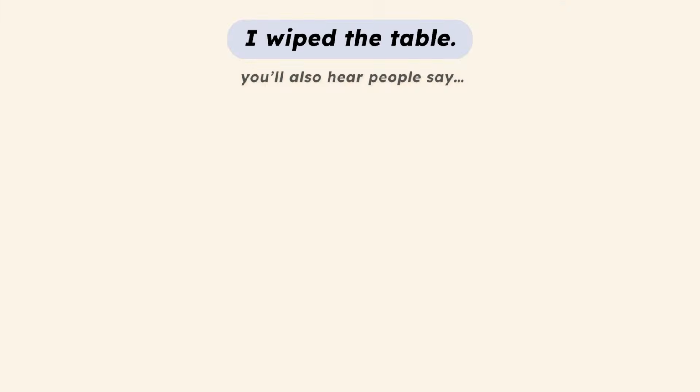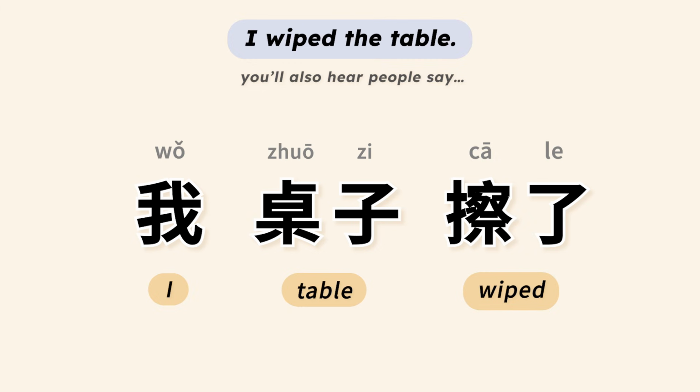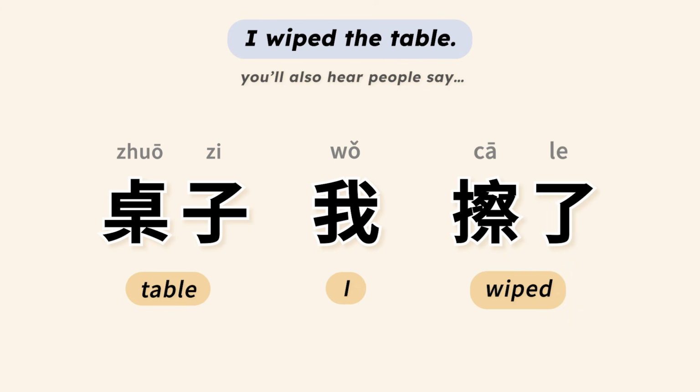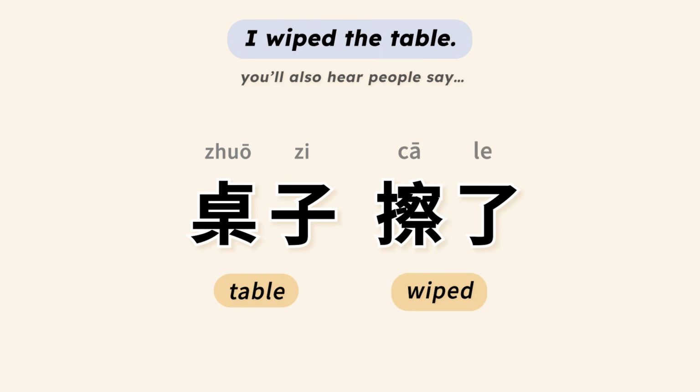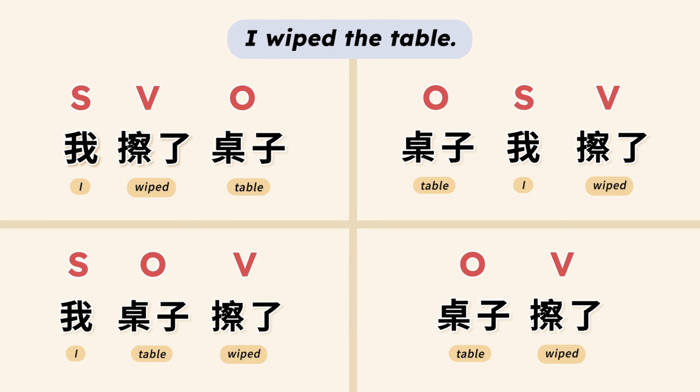However, in daily life, you will also hear people say 我桌子擦了, I table wiped, or 桌子我擦了, table I wiped, or even 桌子擦了, table wiped. All of them are correct in Chinese.